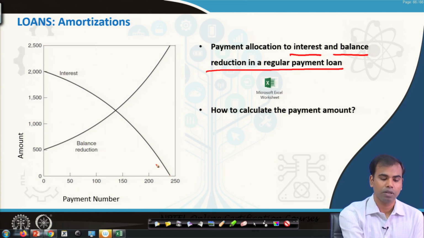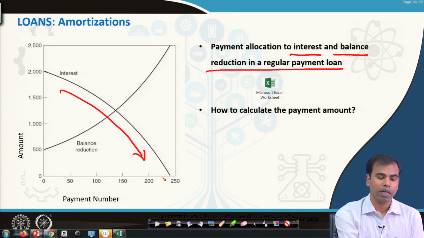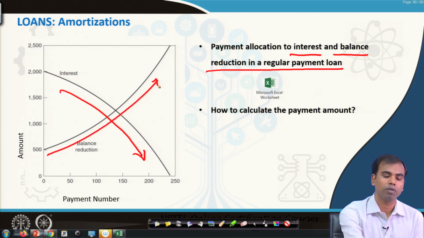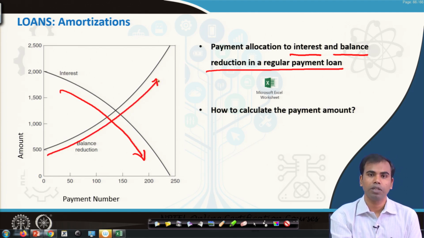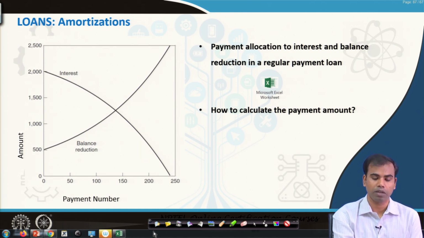As we have seen, the amount going towards interest payment is reduced, and the balance reduction is upward, because more of the money from every payment is going towards recovery of the main loan balance.